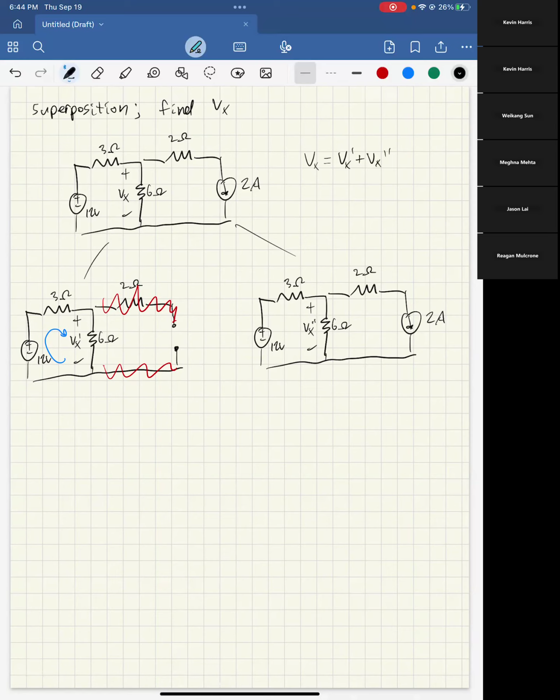So here, Vx prime, by simple voltage division, is going to be our 12 volts times 6 ohms over 3 plus 6 ohms, which is 12 times 6 over 9, which is 12 times 2/3, which gets us to 8 volts, is our Vx prime.